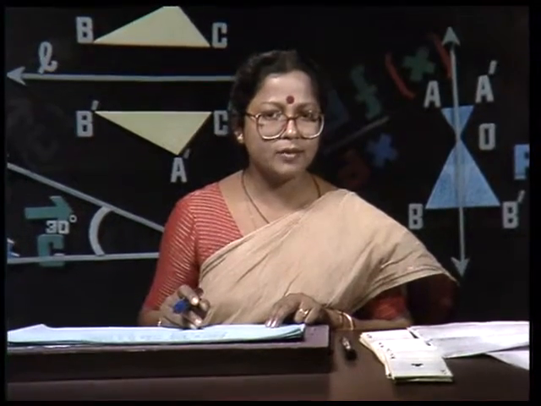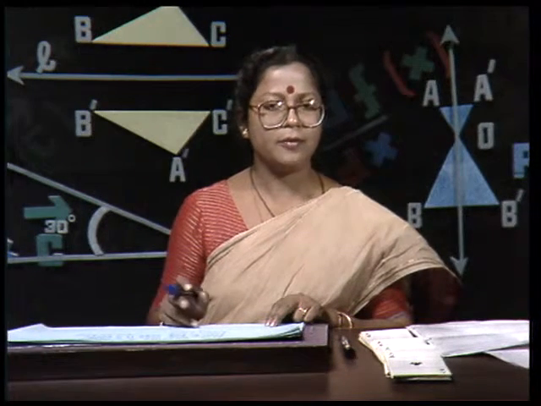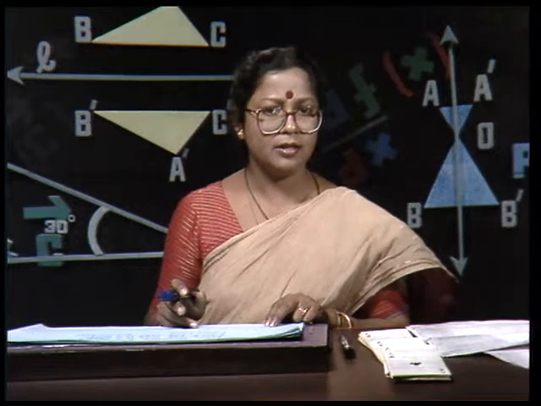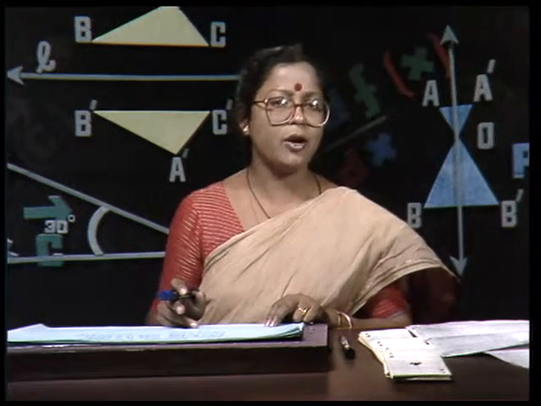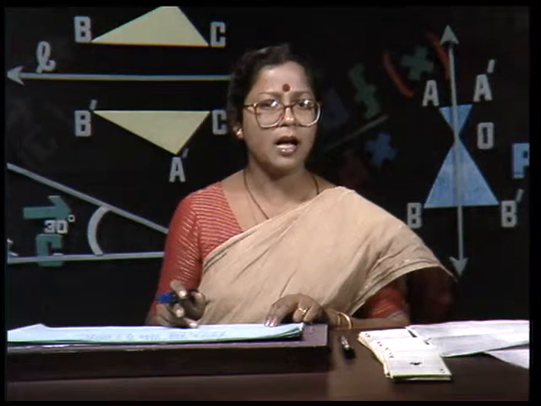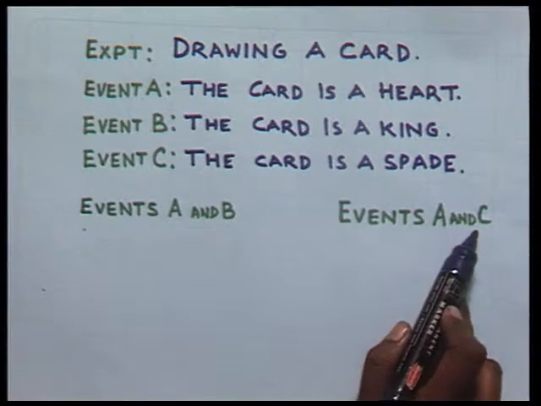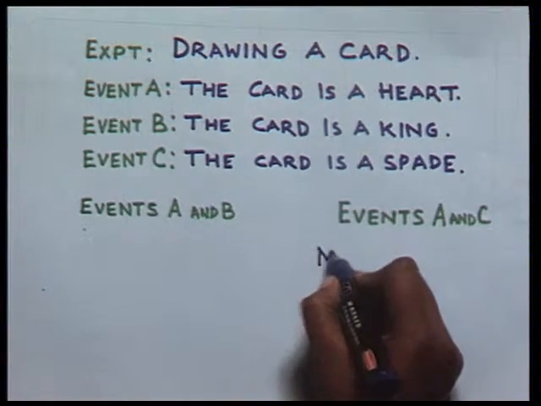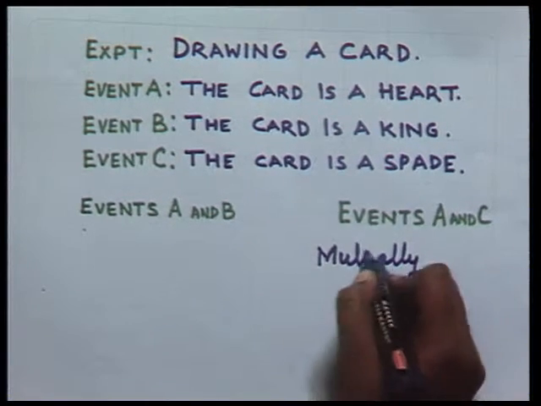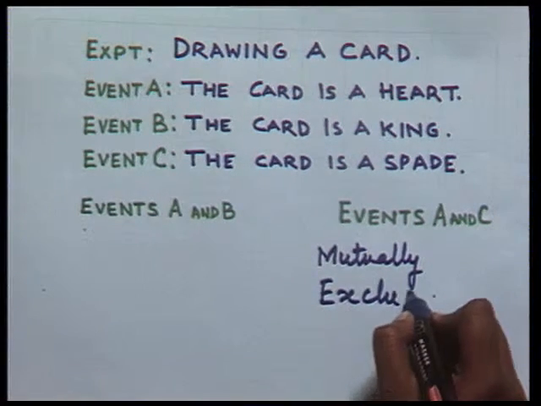Are they mutually exclusive? When we get a heart from this pack of cards, then it cannot be a spade. On the other hand, if we draw a spade from this pack of cards, then it cannot be a heart. So, we say that the events A and C are mutually exclusive.